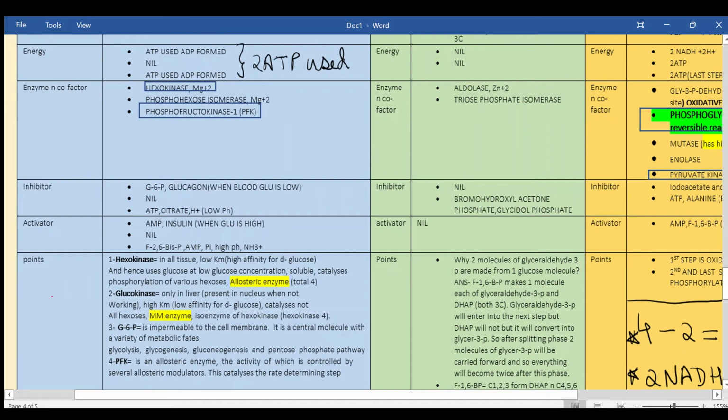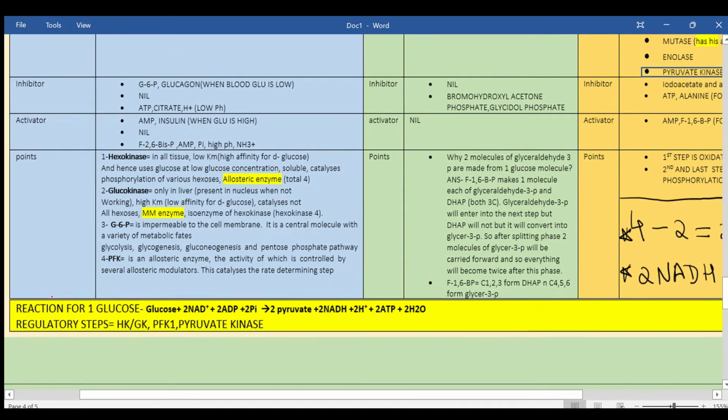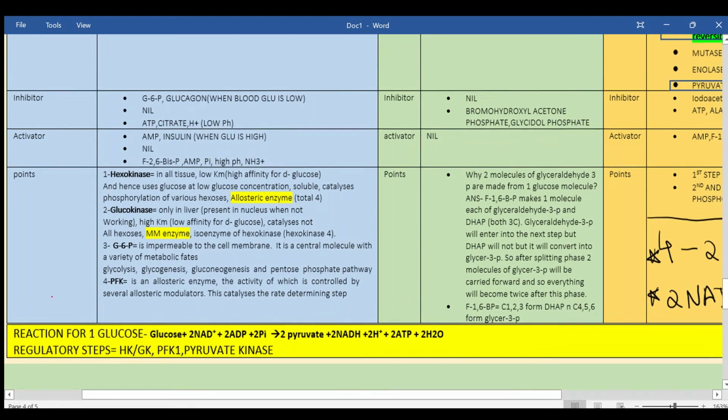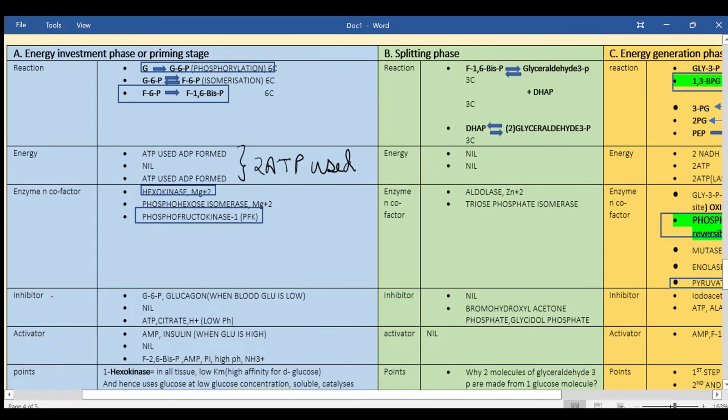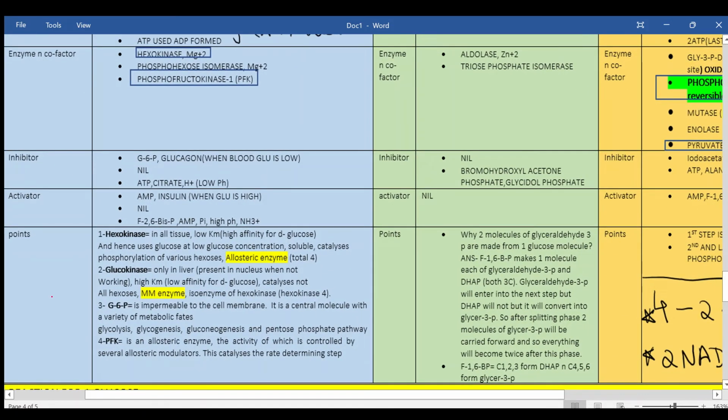Now some important points regarding enzymes which are involved in these steps and the intermediates which are produced. First is the enzyme hexokinase. In all tissue it is present, and it has a low Km value. What is Km?